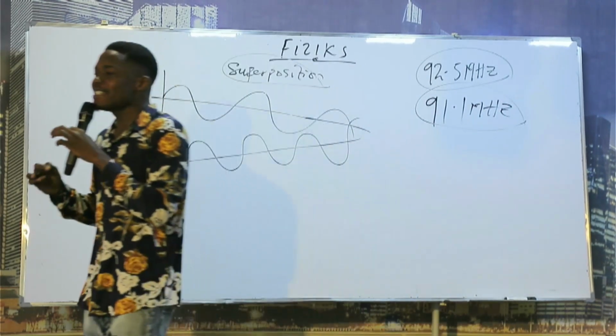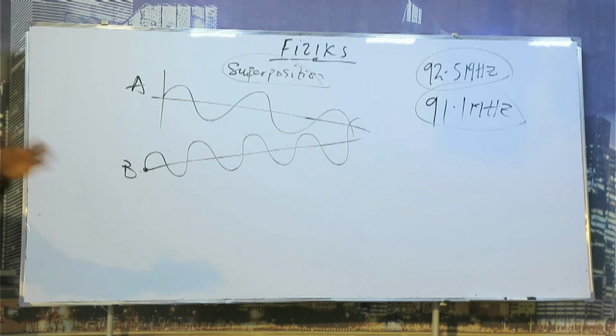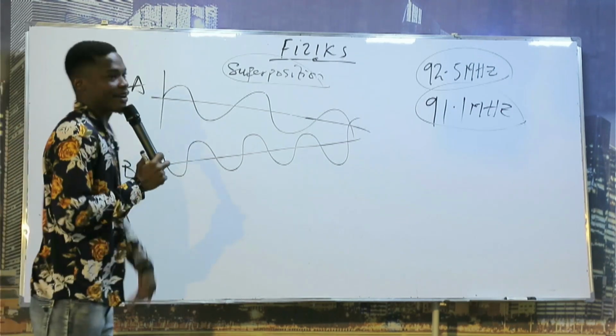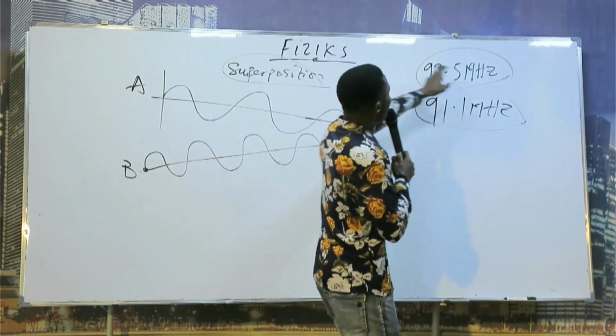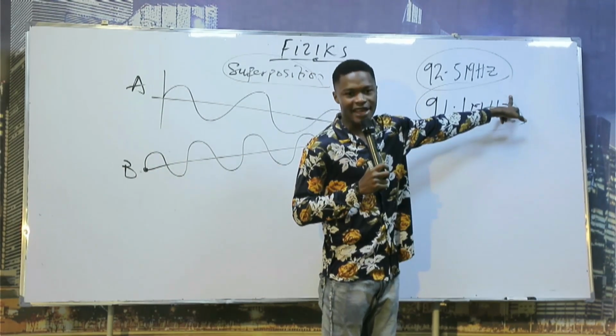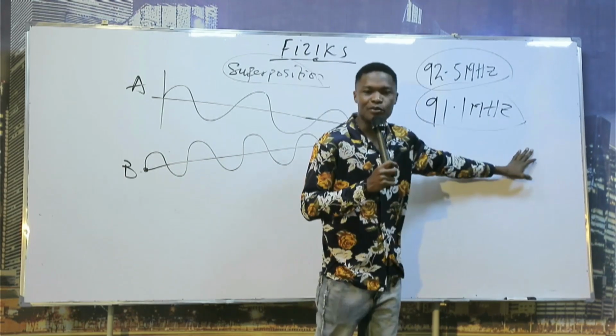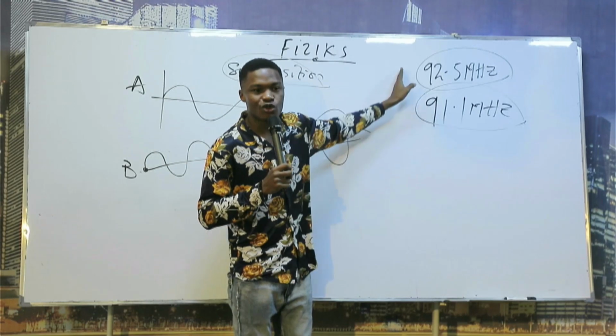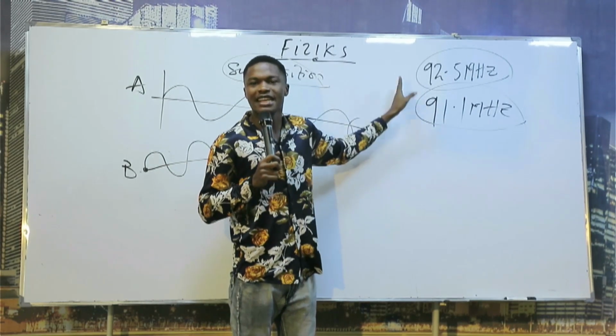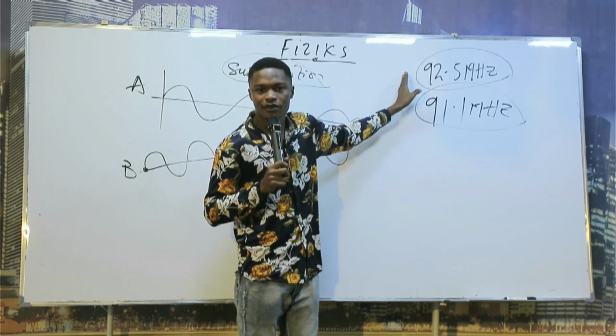Now, why is it that they assign everybody a different frequency? It is because of interference, so that interference does not occur. So Dream FM has 92.5 megahertz. Sound City has 91.1 megahertz. These are different frequencies assigned to those different channels so that interference will not happen.